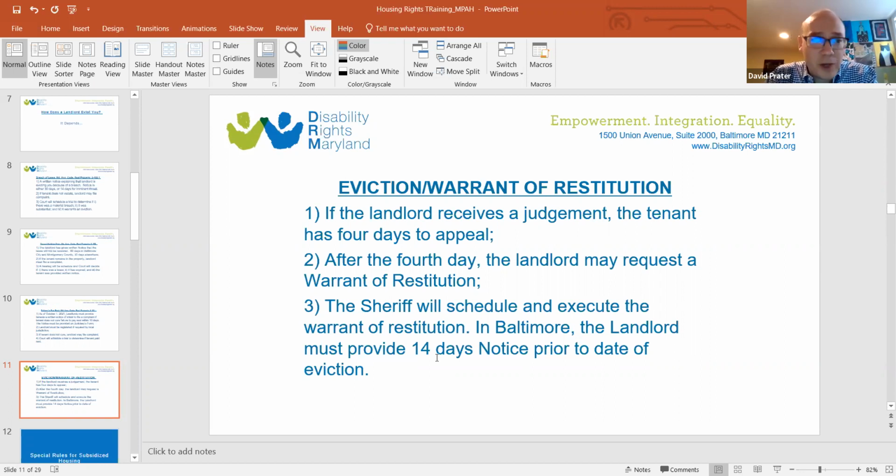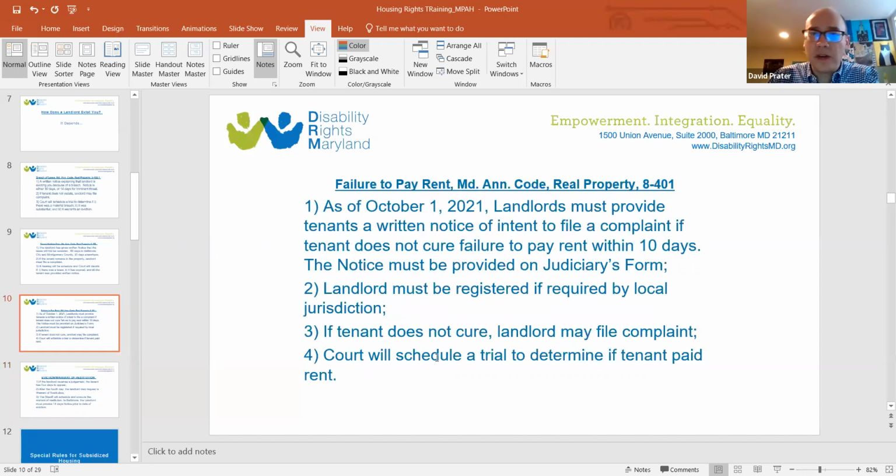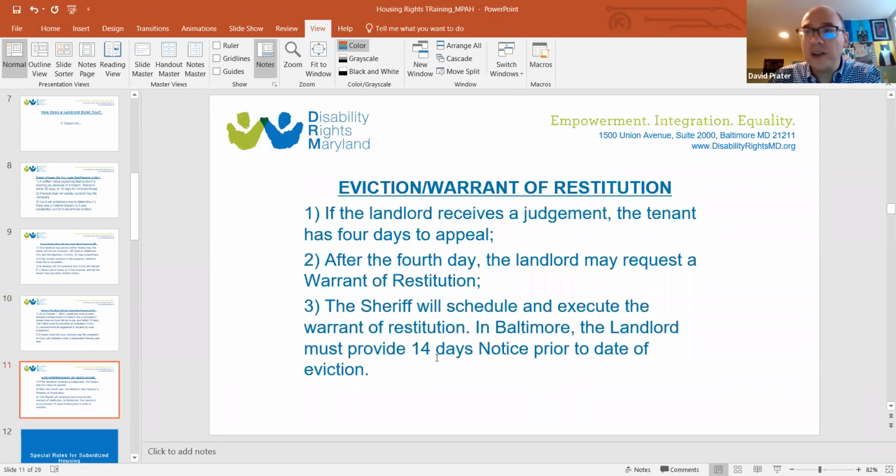For failure to pay rent cases, tenants actually have what's called a right to redeem. So if I can back up just a little bit here, if the court has a trial and determines, hey, tenant, you didn't pay your rent for the month of March, a tenant has the right of redemption up to the very day that the sheriff comes to the door.